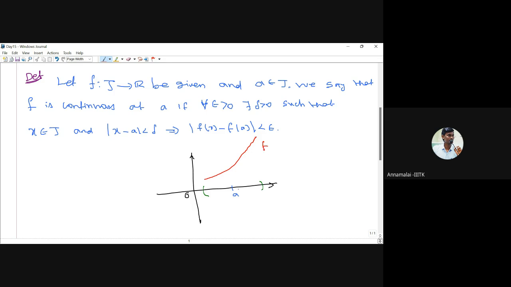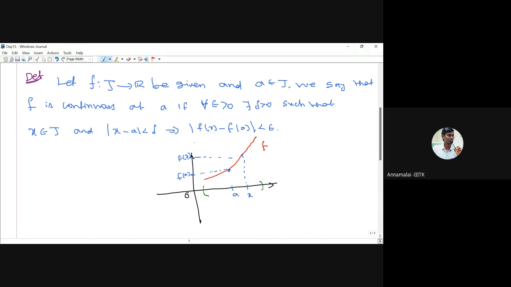Now, when we say this function is continuous at a point A, we have to take any other point x in J. For A, we have a point on the graph, this is f of A. And if you take any other point, on the y-axis this is f of x.